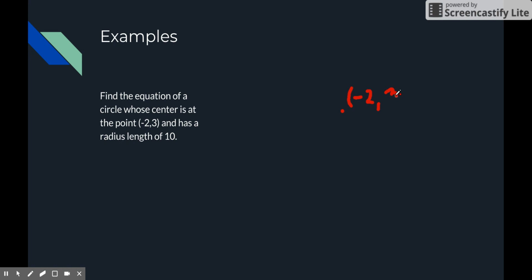And then the radius is r squared, so you would do 10 squared, which gets you 100. So your final equation would be (x plus 2) squared plus (y minus 3) squared is equal to 100.